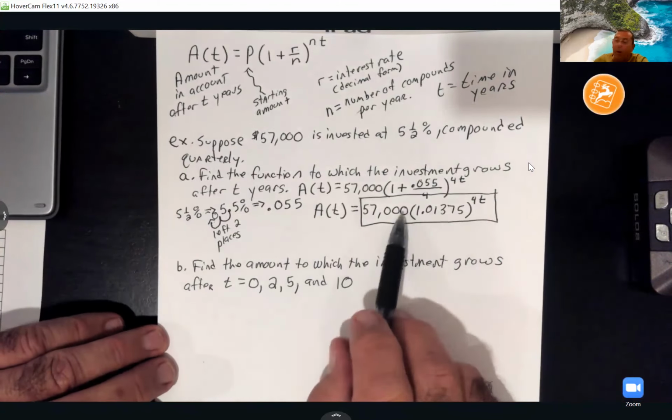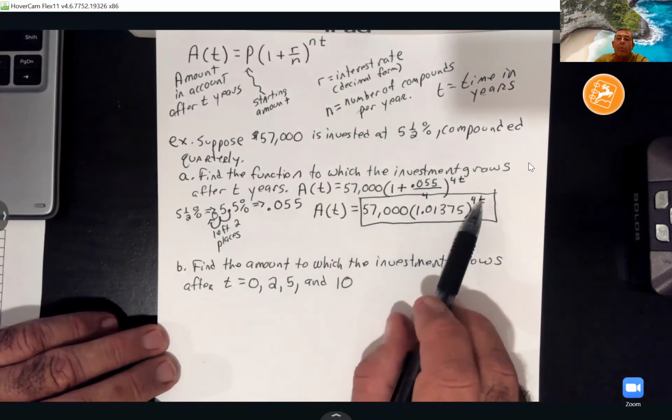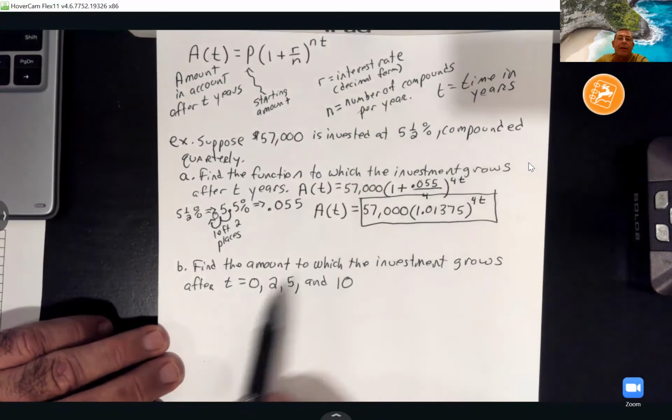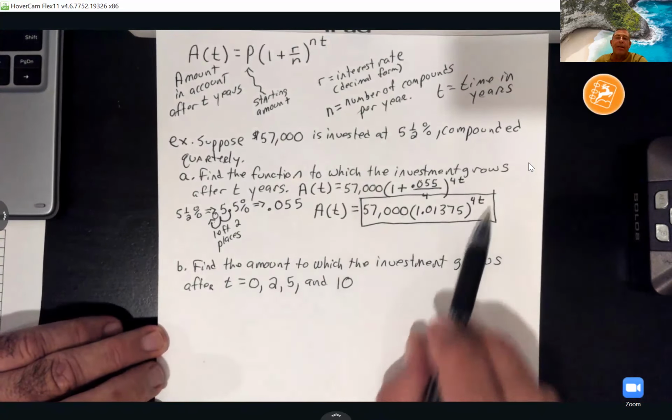So basically, we're working this formula 4 times. We're going to put a 0 in for the T first. Then we'll put a 2 in for the T, a 5, and then our 10.